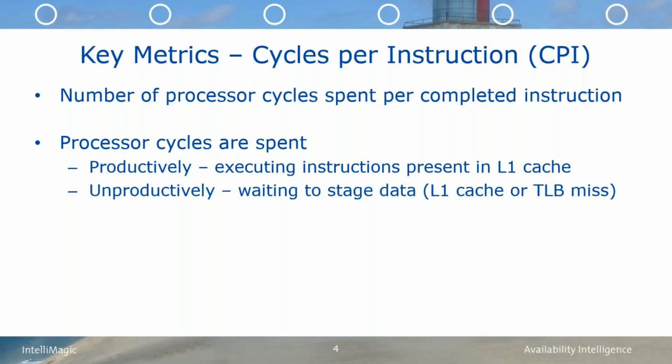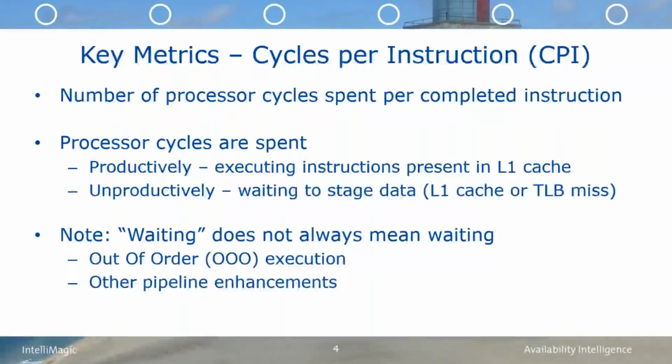So keeping the processor productively busy executing instructions is highly dependent on effective utilization of processor cache. Now, I said conceptually a moment ago because even while waiting to stage data, Z processors leverage out-of-order execution and other types of pipeline optimizations behind the scenes, seeking to minimize that unproductive waiting.